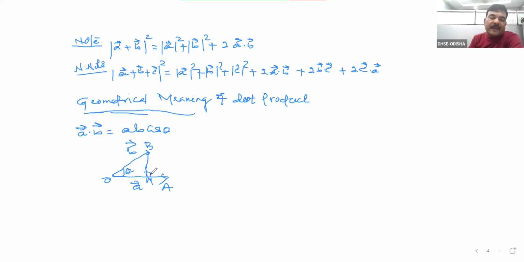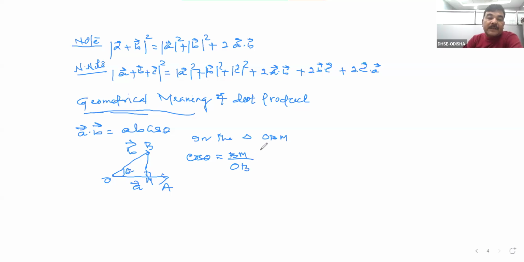So OBM is a right angle triangle. In the triangle OBM, the value of cos theta is equal to opposite side by hypotenuse, that is BM by OB.